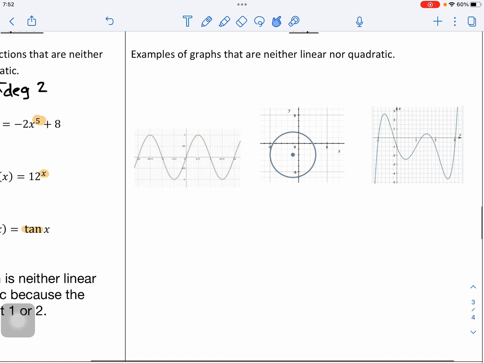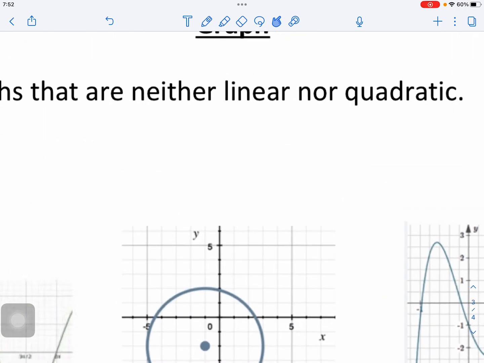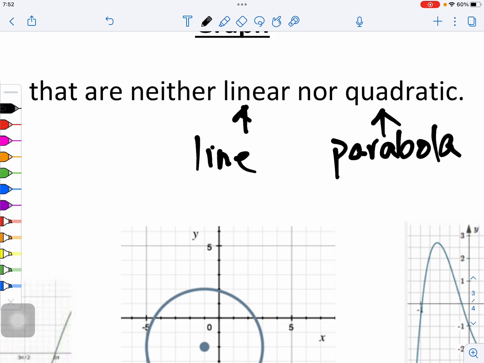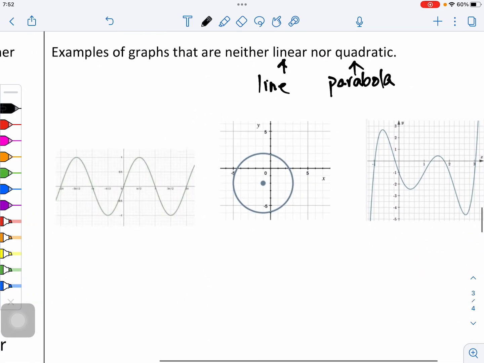When I look at the graph, remember that linear functions have a graph that is a line, and quadratic functions will graph a parabola. So when I look at graphs of functions or equations that are not lines or parabolas, then I can identify them as being neither linear nor quadratic.